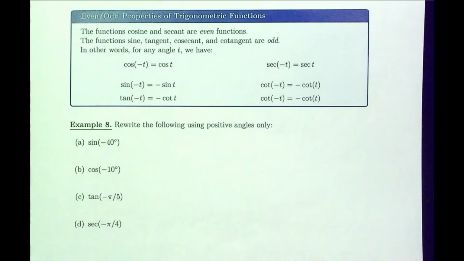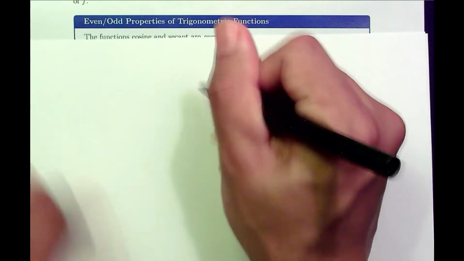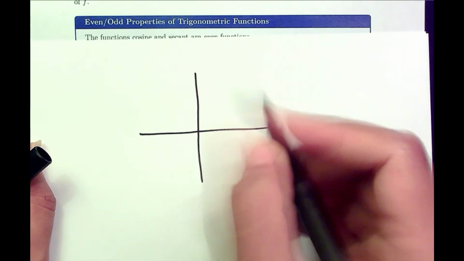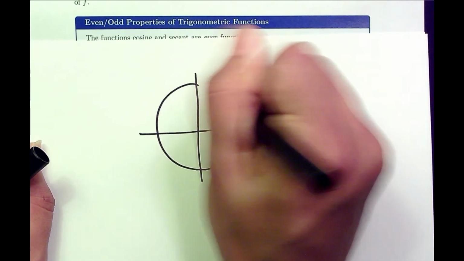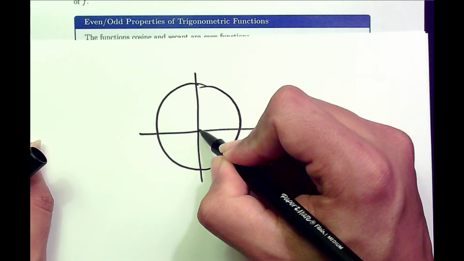And here's a quick story of why that's true. So let's draw a picture real quick of the unit circle. And let's draw an angle, again in the first quadrant for convenience.